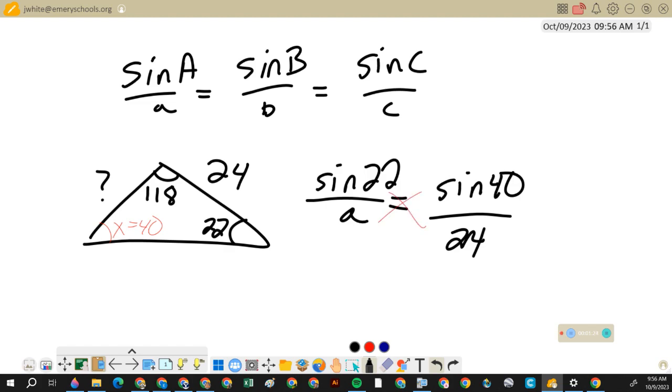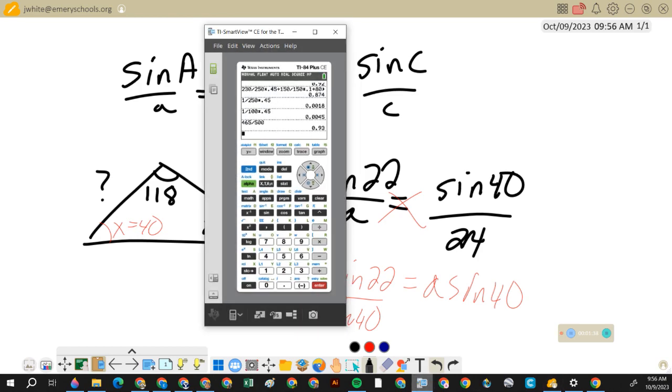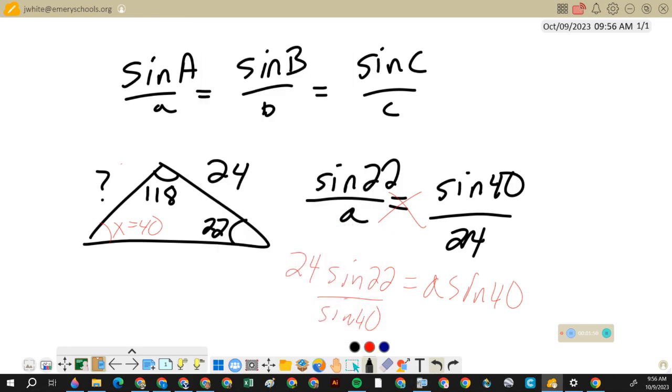Cross multiply. 24 sine of 22 is a sine 40. So I just divide this by the sine of 40. So 24 sine of 22 divided by the sine of 40, and I get 13.9. Now, it's always a good idea to look at that and say, is that reasonable?